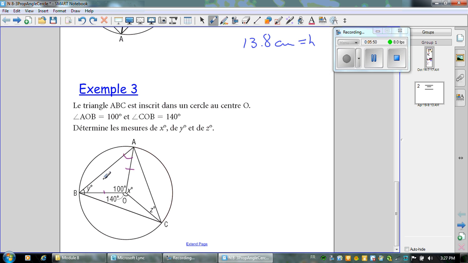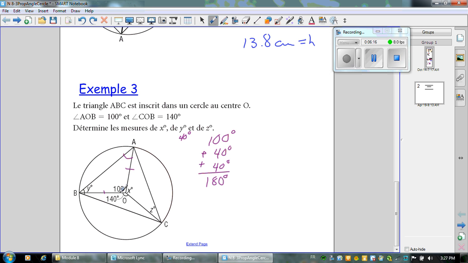Now remember that all three angles always have to be in a triangle 180. So this and this and this is 180. So I have 100 plus the same thing twice, that gives me 180. So it has to be the same angle. So this is 40 and 40. So y has to be 40.